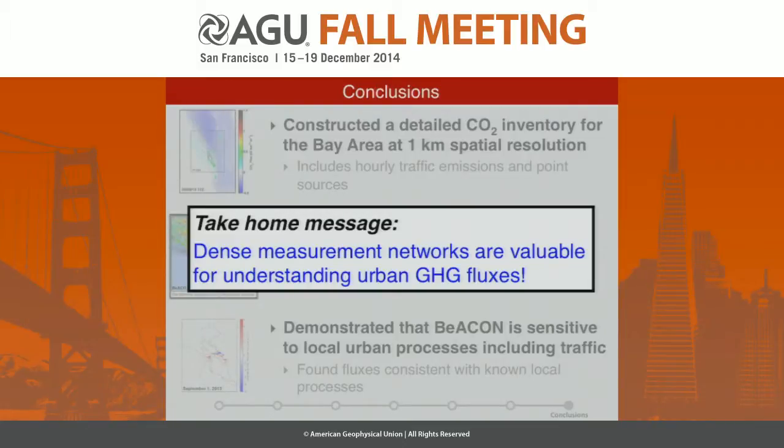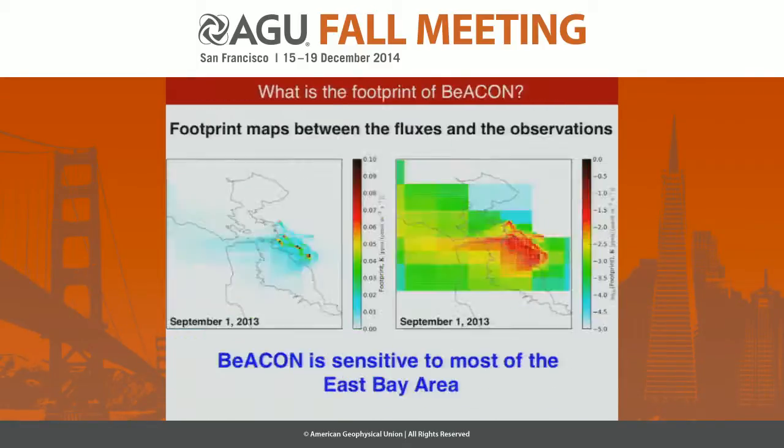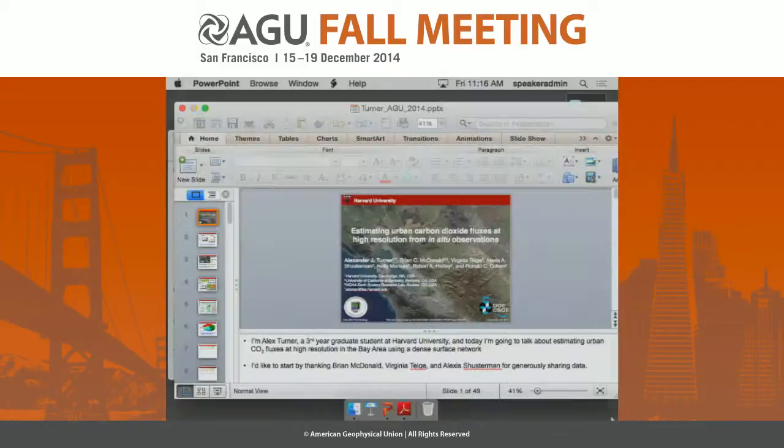So this is something I was actually planning on talking about when I first submitted the abstract. Anyways, I was going to be doing OSSEs to basically test this. So I'll use my high resolution prior that resolves processes such as traffic, run that forward with WRF-STILT, and then try and retrieve that using one of the other inventories like VULCAN or EDGAR, and see how well we can do.